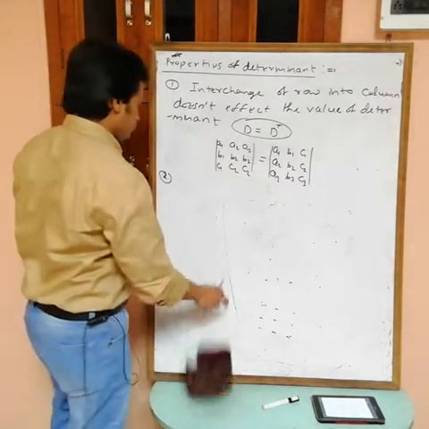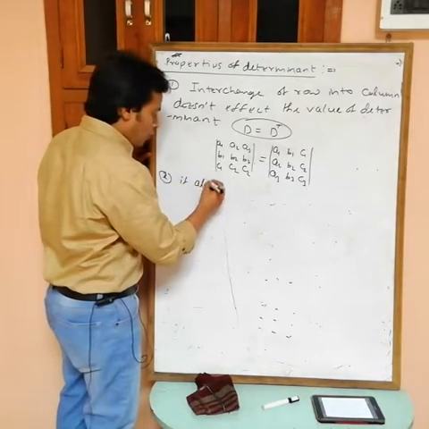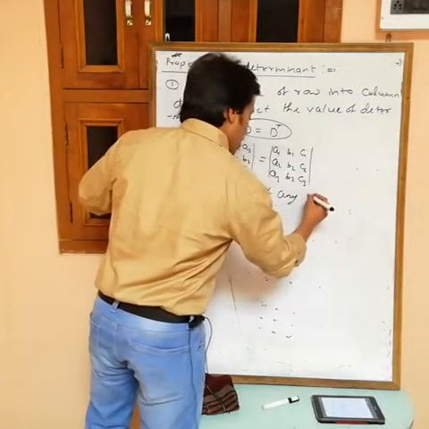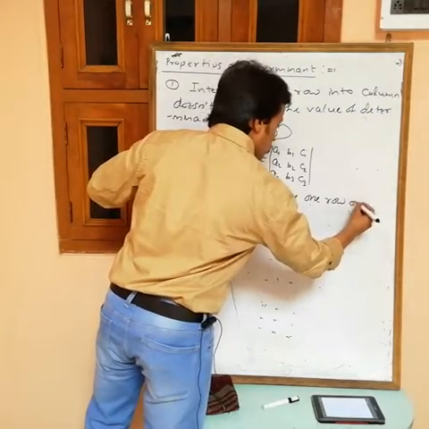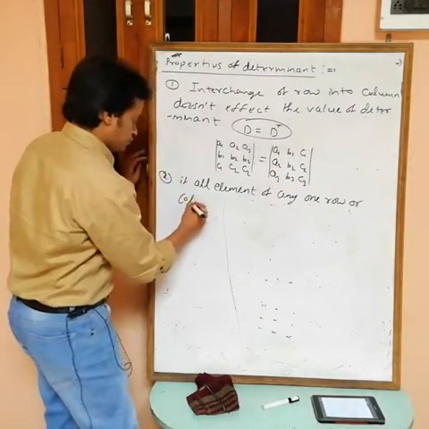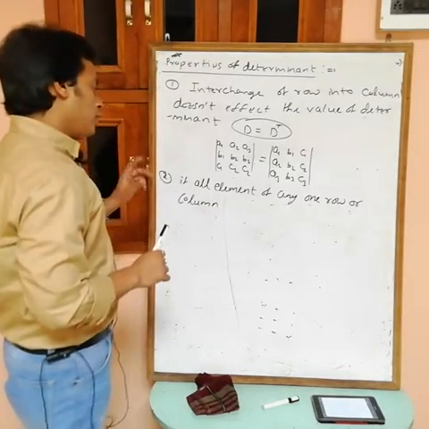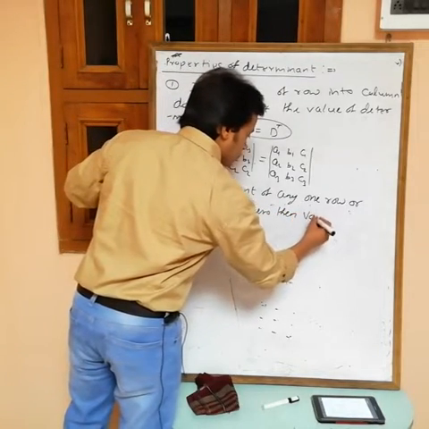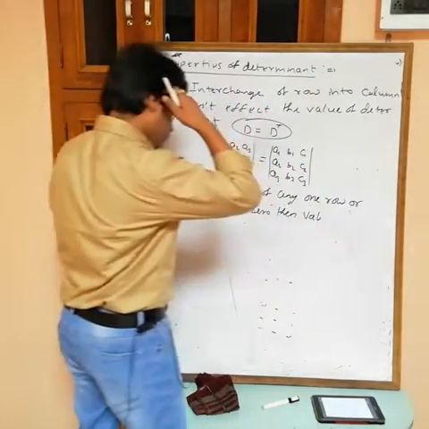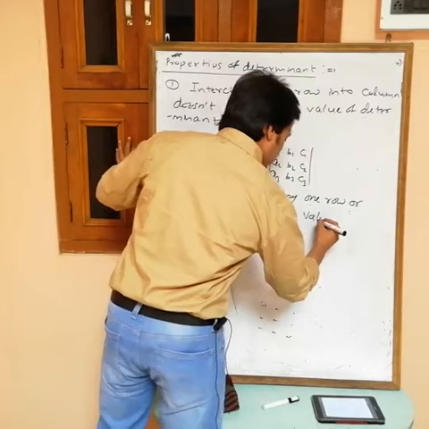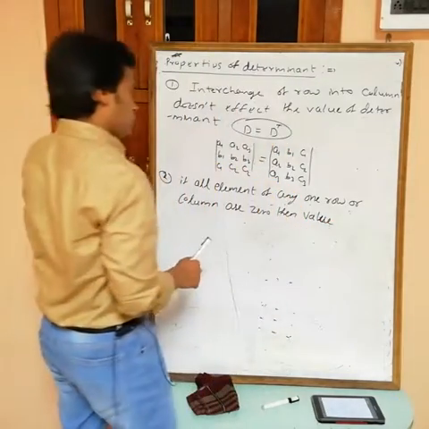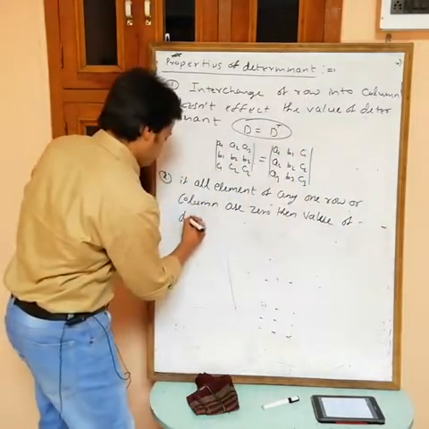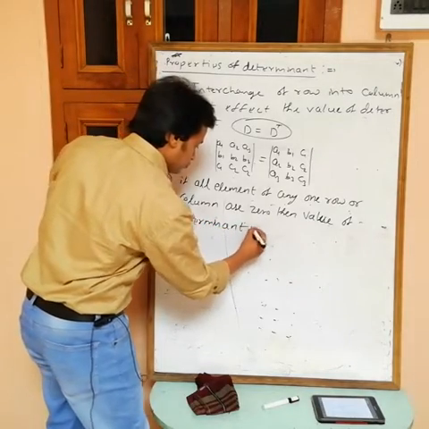So if all elements of any one row or column are 0, then the value of the determinant is 0.